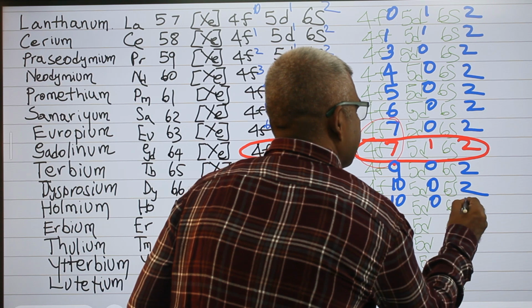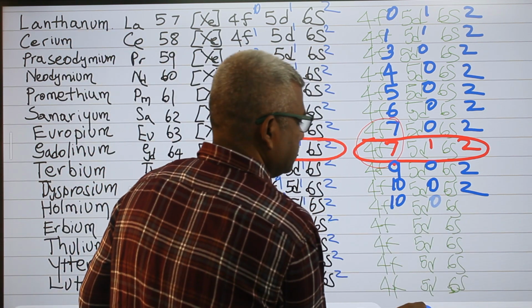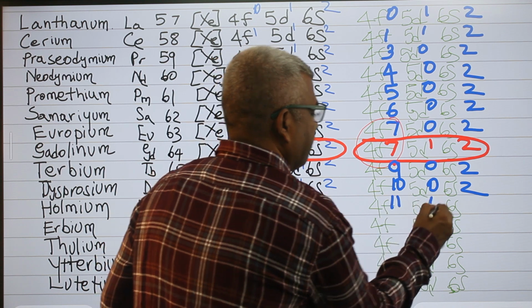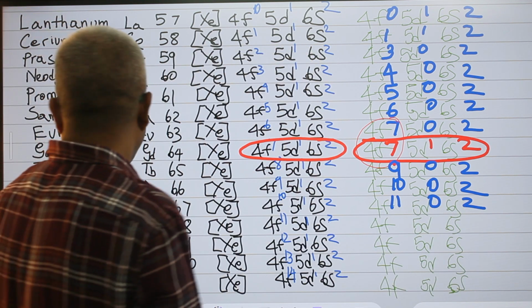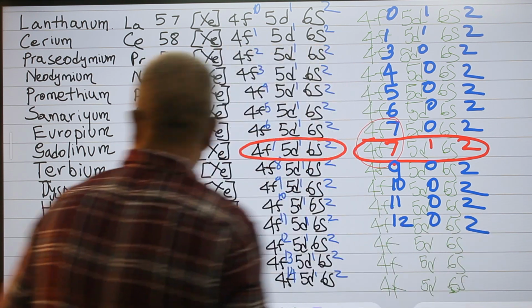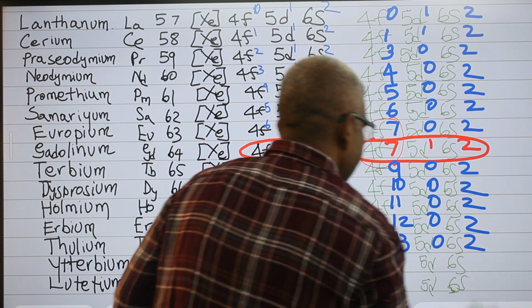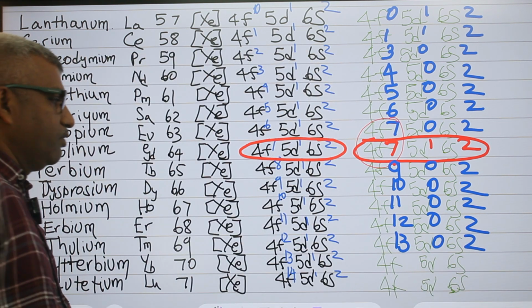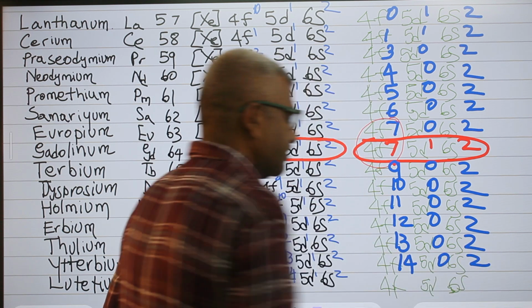Holmium is 4f11, 5d0, 6s2. Then erbium, 4f12, 5d0, 6s2. Then thulium, 4f13, 5d0, 6s2. Ytterbium, 4f14, 5d0, 6s2.